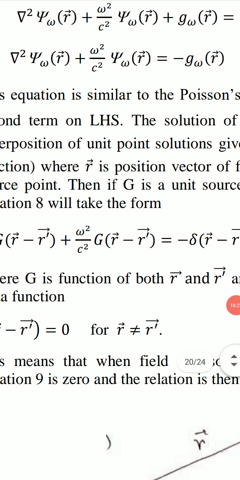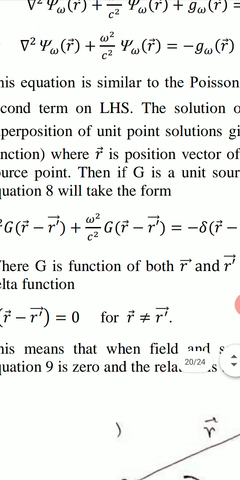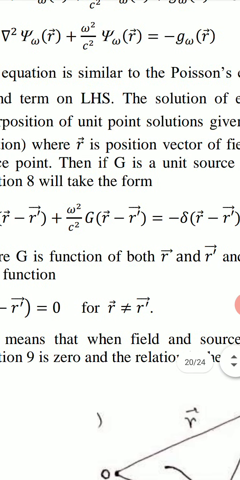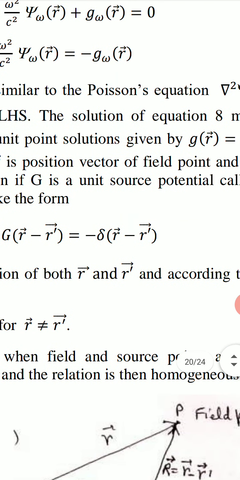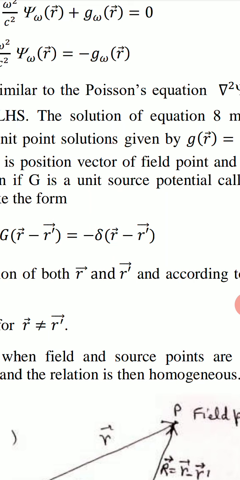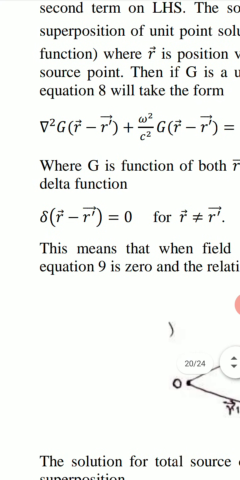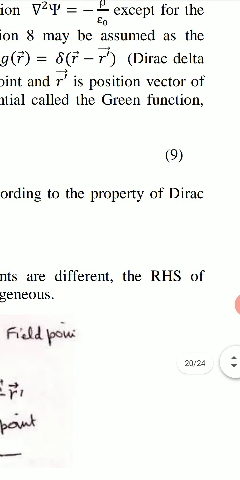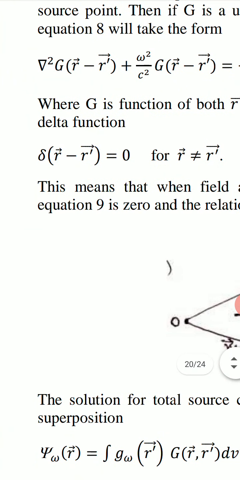In left hand side we write for psi omega r as Green function G R minus R dash, and in right hand side for small g we write delta R minus R dash, which is Dirac delta function, where G is function of both R and R dash, and according to the property of Dirac delta function, delta R minus R dash equal to 0 for R not equal to R dash.